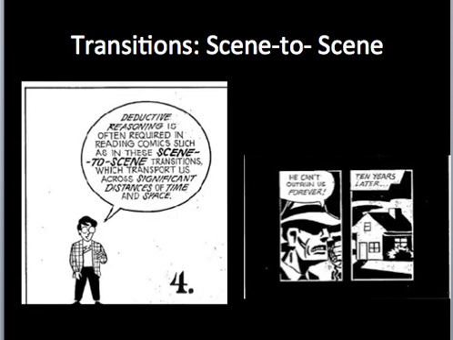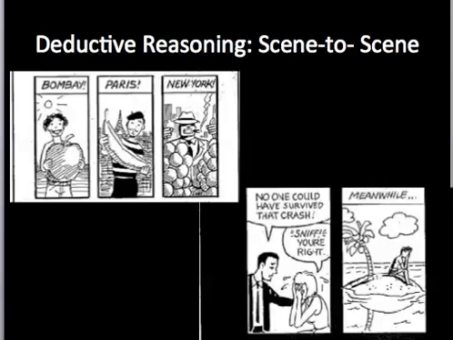Scene to scene. And what Scott says here is that deductive reasoning is needed in the reading of comics for scene-to-scene transitions, which transport us across significant distances of time and space. Here we get, he can't outrun us forever, and then we get the caption, 10 years later, possibly having us think that he is actually outrunning them forever.